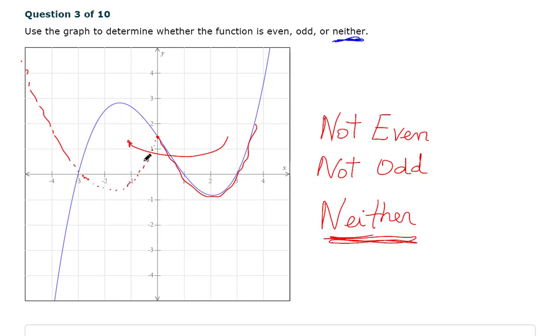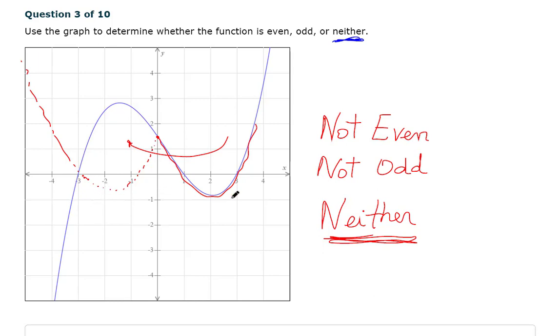Well, clearly not even. What about odd? What if I take this piece and I now flip it? Well, let's see. I would be taking this point that would sit there. This piece would flip. You might say, well, if you flip this up, doesn't it look like this little piece and this piece might flip down? Well, let's see.